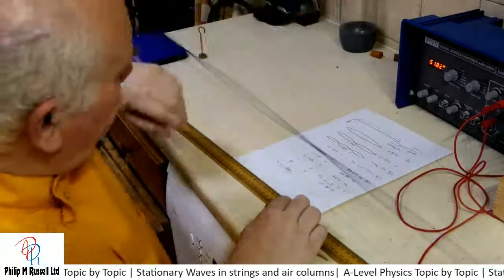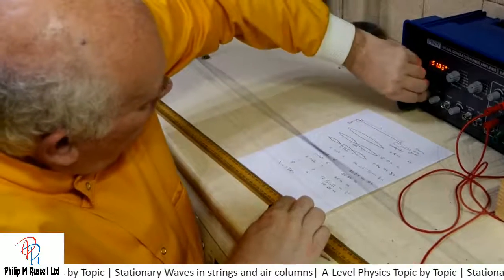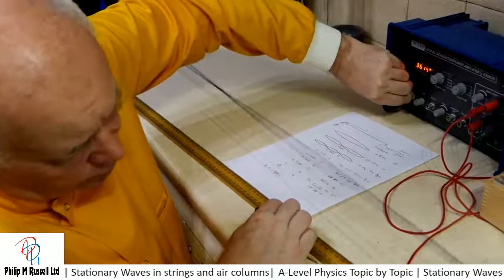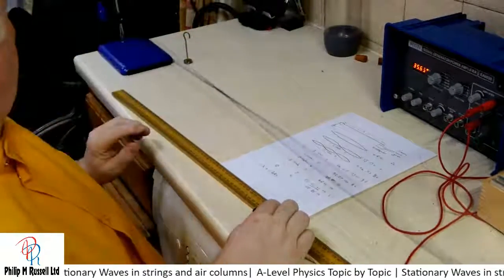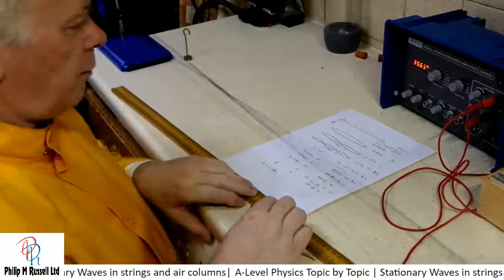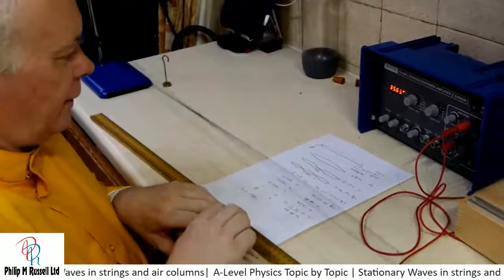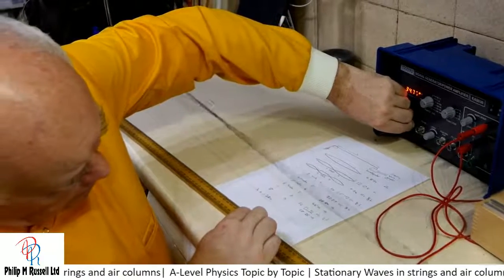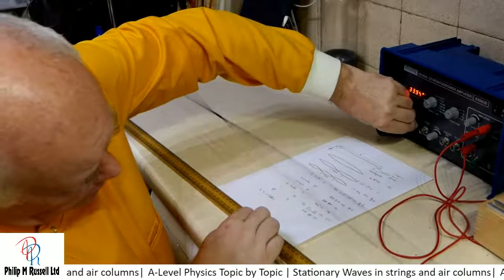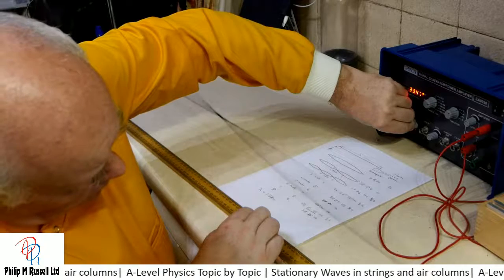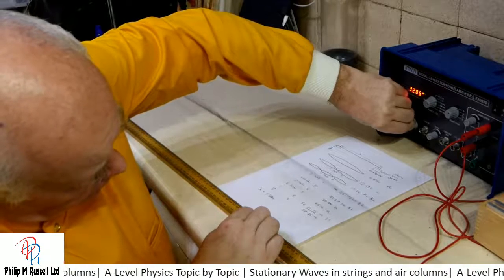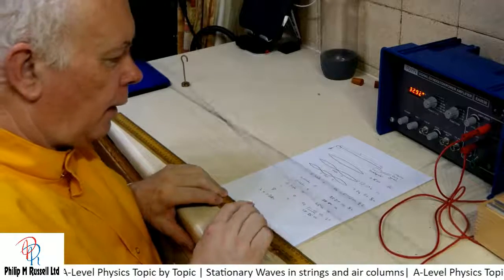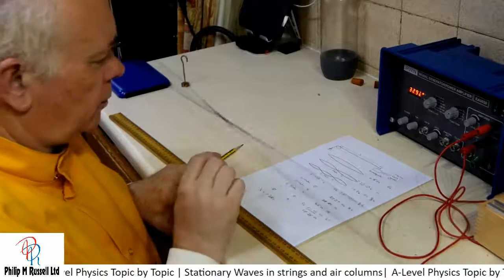Right, so if I now take this down, let's see what we can do. This is my full wavelength, and we'll see if we can get it a bit bigger. About as big as I can get it.